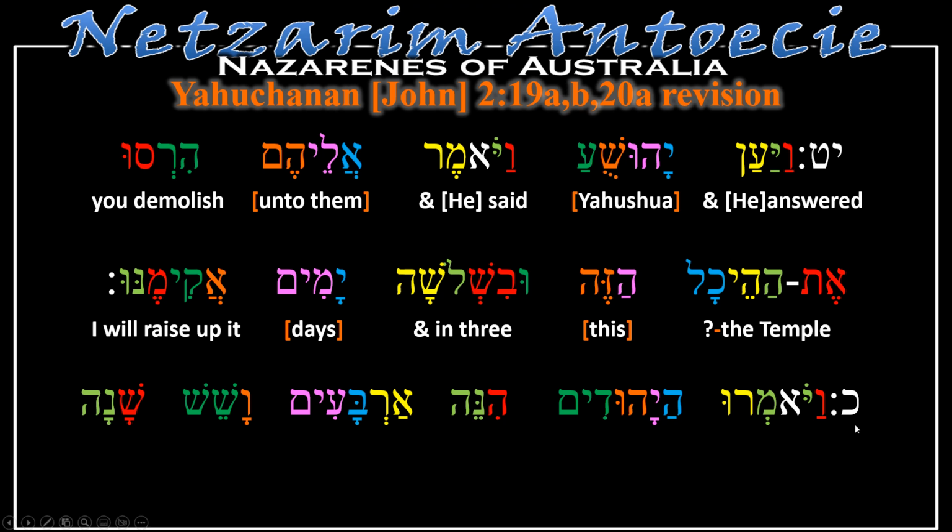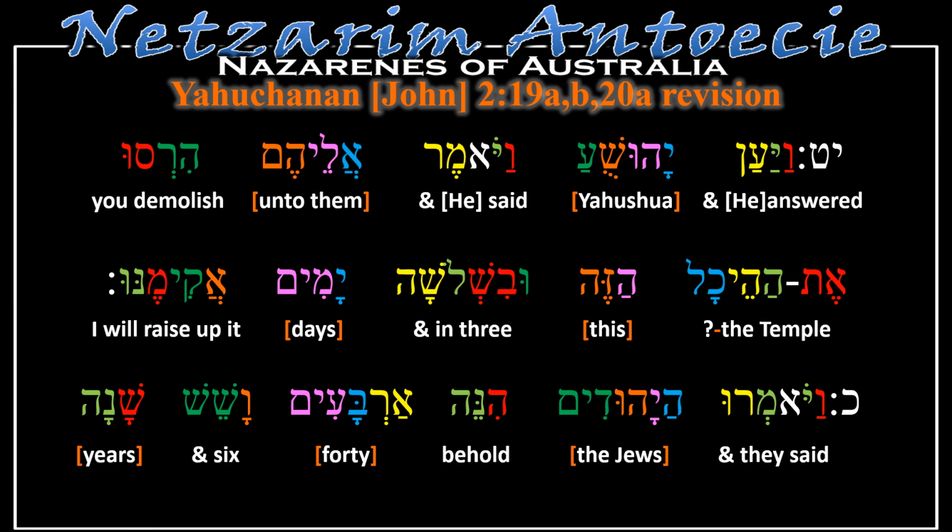And then we have a kaf, which has a value of 20. Vayomru, and they said, Ha Yehudim, the Jews, Hine, behold, Arba'im, meaning 40, Vashesh, and 6, Shana, years.